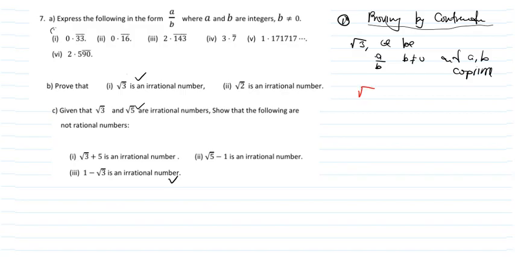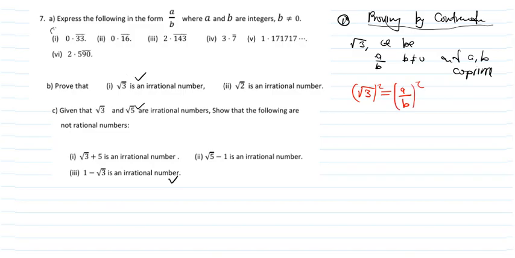Okay, so what we do is we say root 3 is equal to, let's say we are equating it to the rational number a over b, with the statement I gave. So this means that we have to square this to remove the root.